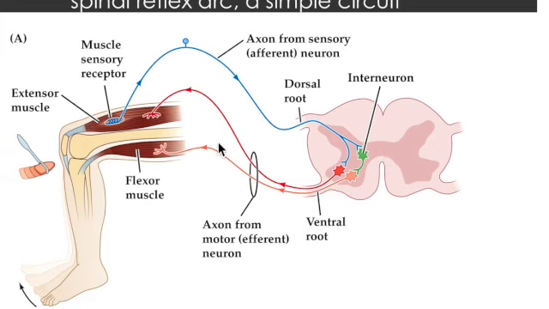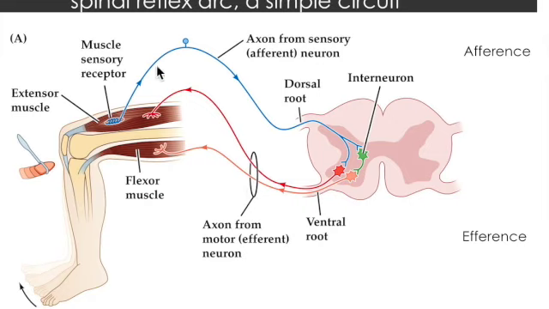There are a couple of really important terms here. One is afference, and another is efference. Afferent, anything that starts with an A, means towards the central nervous system, towards the middle of the body. Whereas efferent, E for exit, means exiting out of the body.